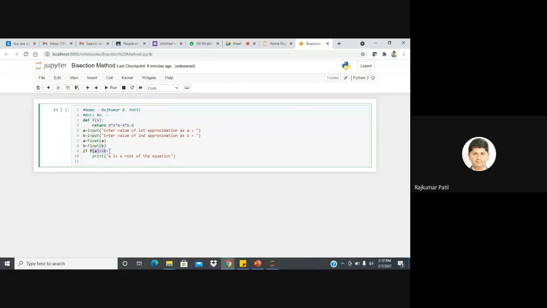If f of a is 0, then this particular statement will be printed, that is a is the root of the equation. To print this statement, we will use the command print. This is how these 2 lines, 9 and 10, will work.